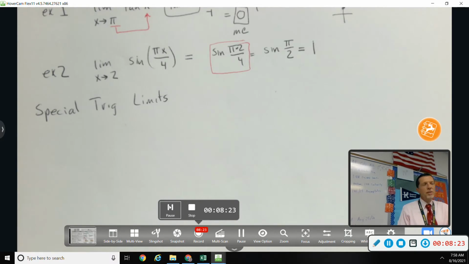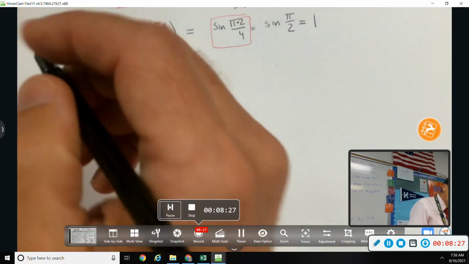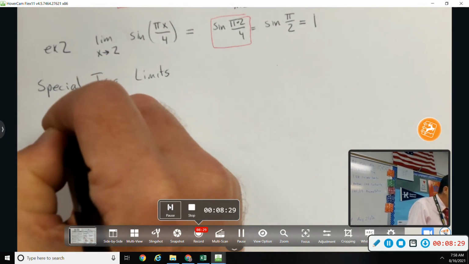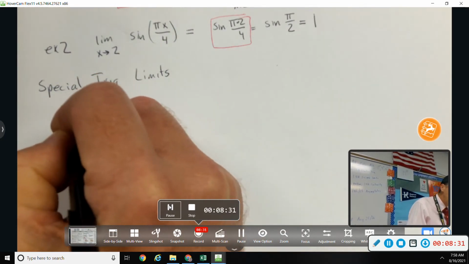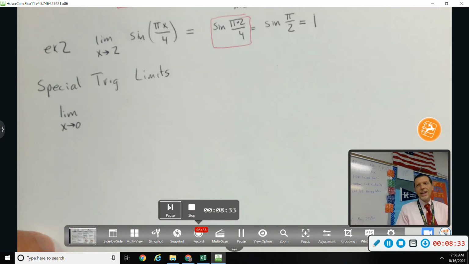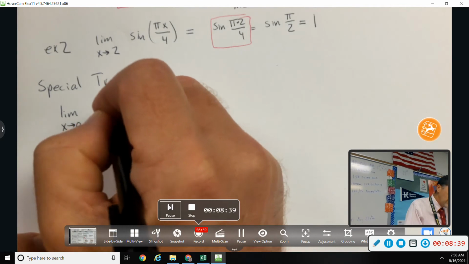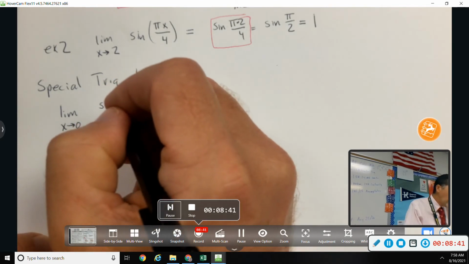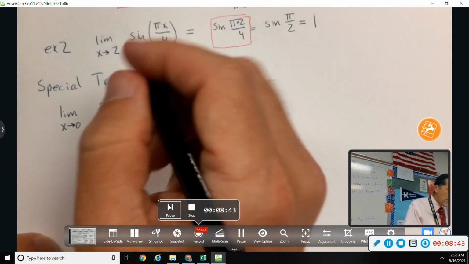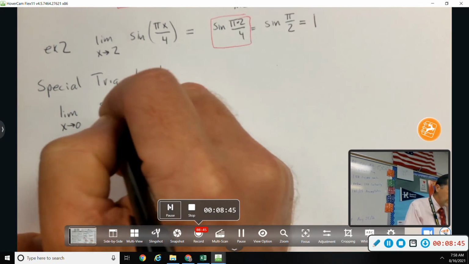I mean, they both have proofs, but the proof is a lot longer than Mr. Wolf said so. So these fall into the category of I need to memorize these because I probably can't figure them out. Although I'll show you kind of how to figure them out if you get stuck between the two of them.